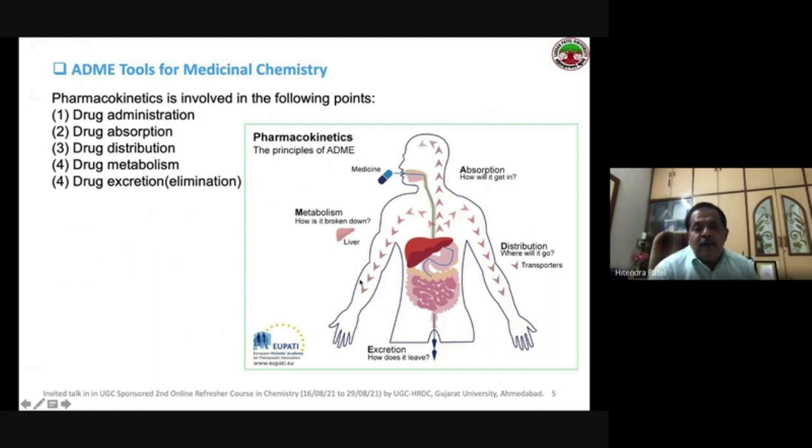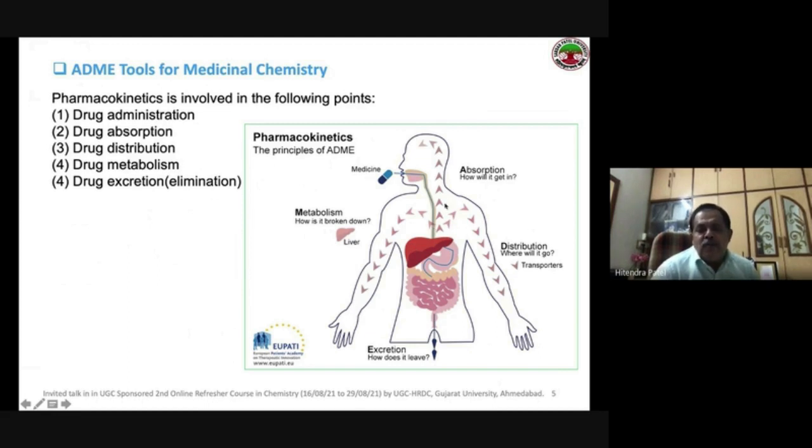And then after, we think about the drug metabolism process. The third point is the drug metabolism process. That means how this drug molecule is broken down, isn't it? Through the metabolism process, you can find out how the fragmentation of the drug molecule takes place, right? So you can understand here the drug metabolism process takes place, and then after we talk about drug excretion, right?